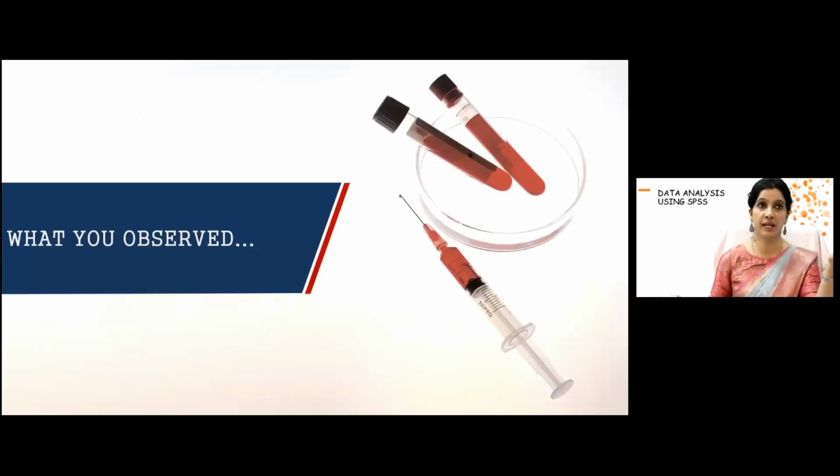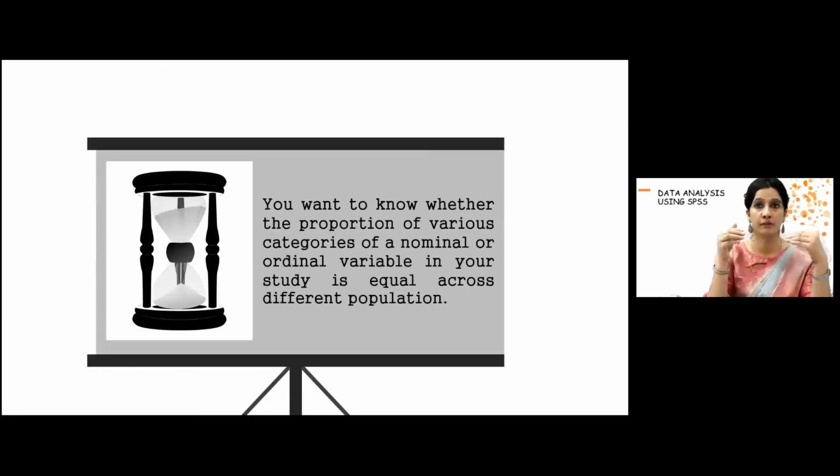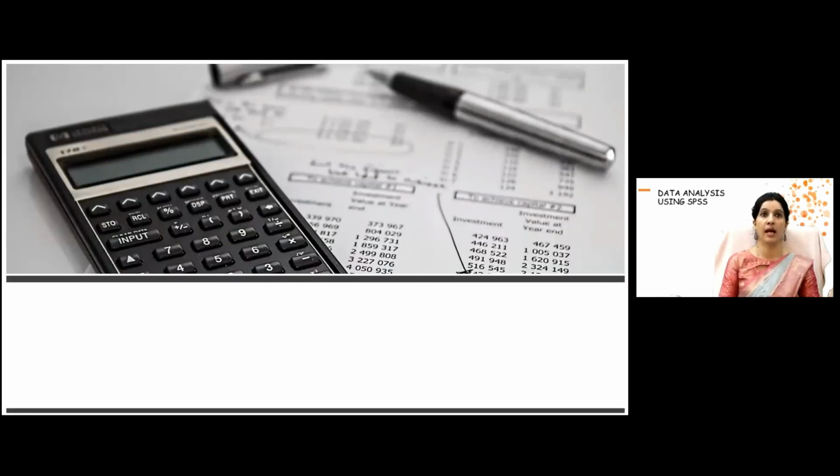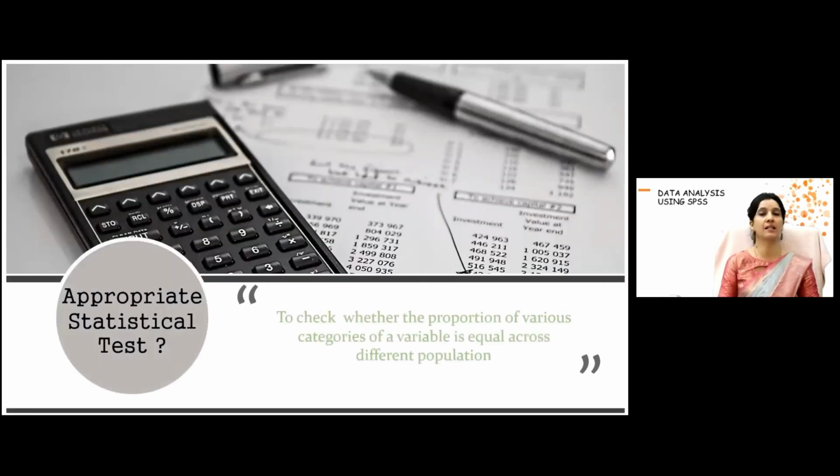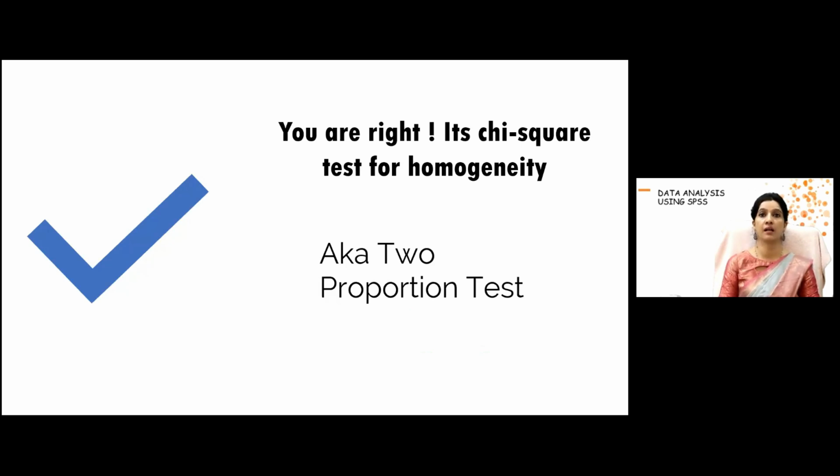So in this case, we are guessing whether the proportion of various categories of a dichotomous variable is equal in the different populations or not, and the appropriate statistical test would be the chi-square test of homogeneity, also known as the chi-square test of proportion, or the two proportion test, right?